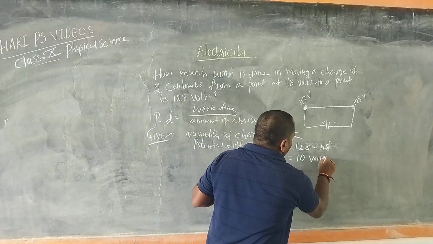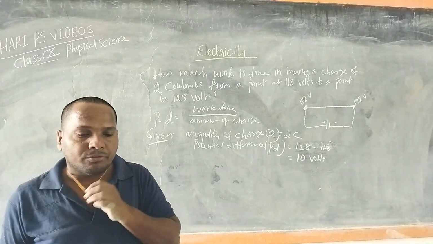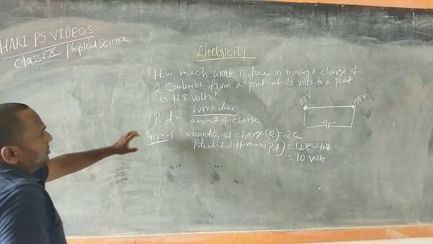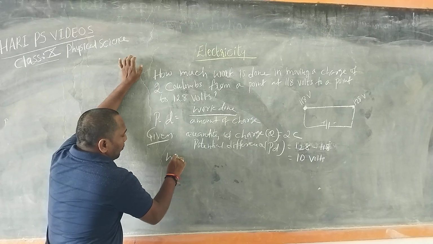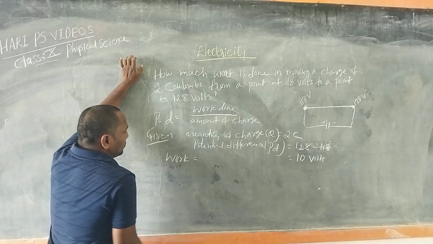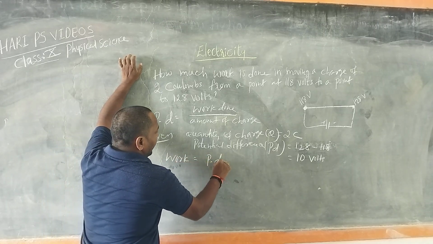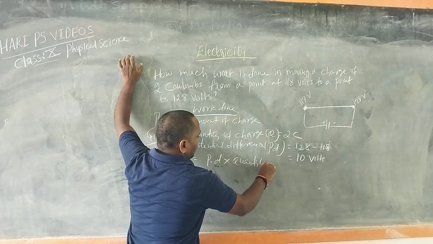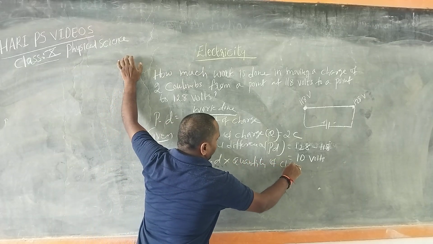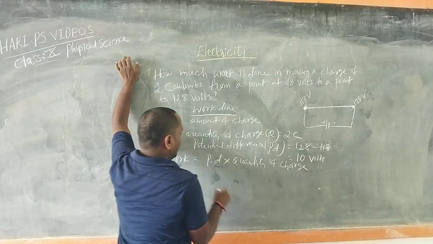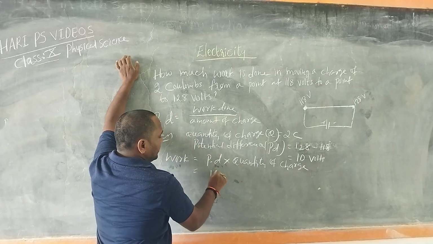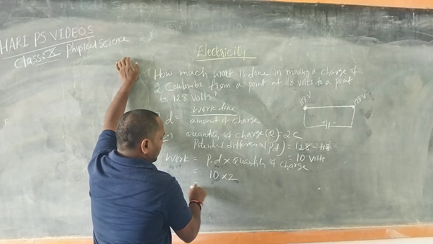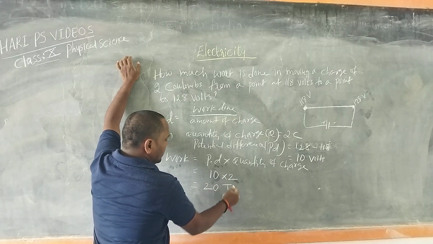Right? Then in this problem what we need to find is how much work is done. So work done is equal to potential difference into quantity of charge, that is 10 into 2, so 20 joules.